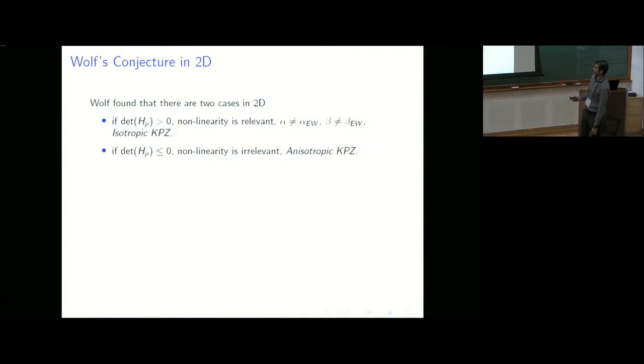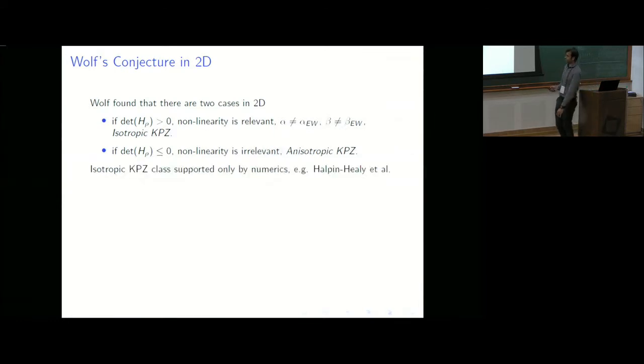And if the determinant of your Hessian is less than or equal to 0, then the nonlinear term is irrelevant. From this, two universality classes are defined. When it's positive, it's said to be isotropic KPZ. And when it's less than or equal to 0, it's said to be anisotropic KPZ.